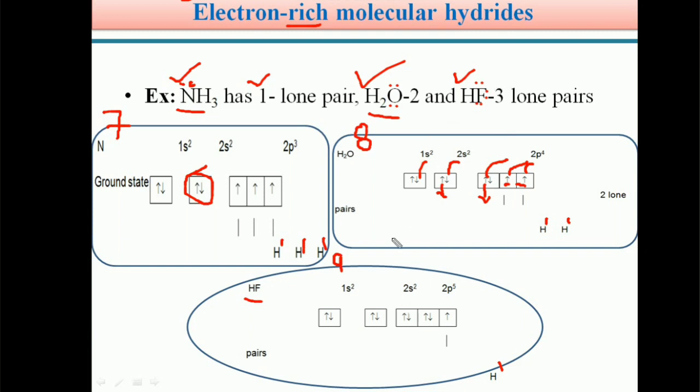So this one lone pair represents 2s2 and the second lone pair is from 2px2 and the third lone pair is from 2py2. So these are the examples of covalent hydrides: electron deficient molecular hydrides, electron precise molecular hydrides, and electron rich molecular hydrides. So students, this is about the covalent hydrides.